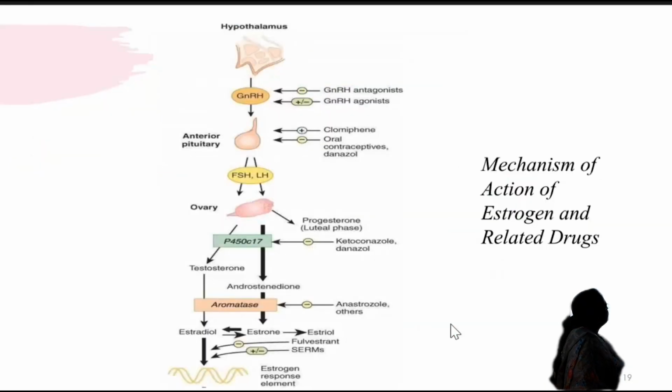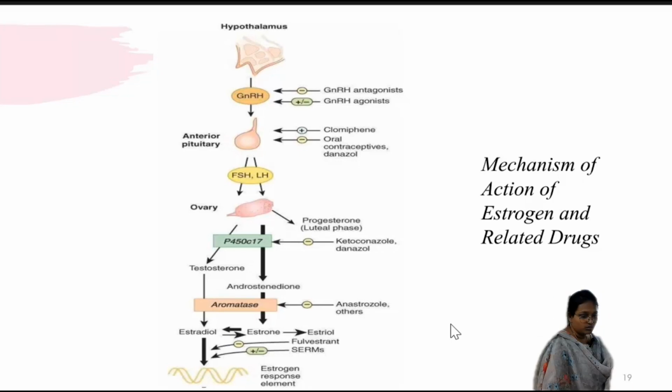Similar to the androgens, gonadotropin releasing hormone agonists and antagonists are acting on the hypothalamus, and the one different here is aromatase inhibitors, which act on the aromatase enzyme which converts testosterone into estradiol.